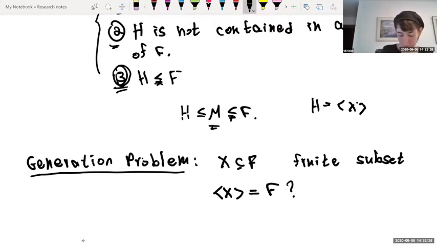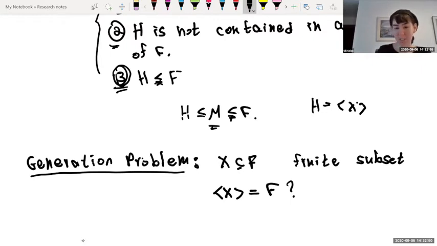So we want to be able to determine whether it's true or not. So for the rest of this talk, I'm mostly going to give a solution, to explain how to solve this generation problem, to give an algorithm that, given a finite subset X of F, determines whether the group it generates is equal to F.